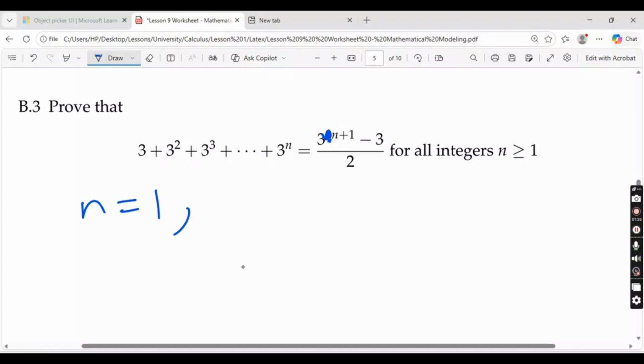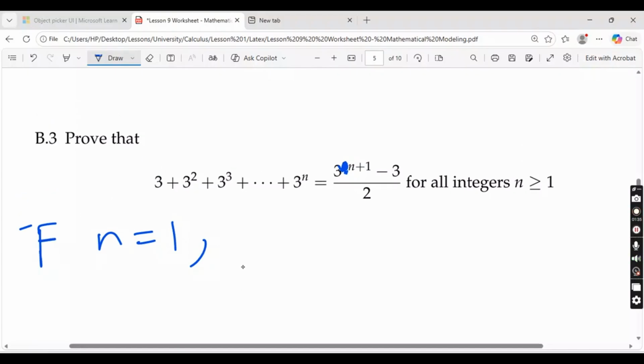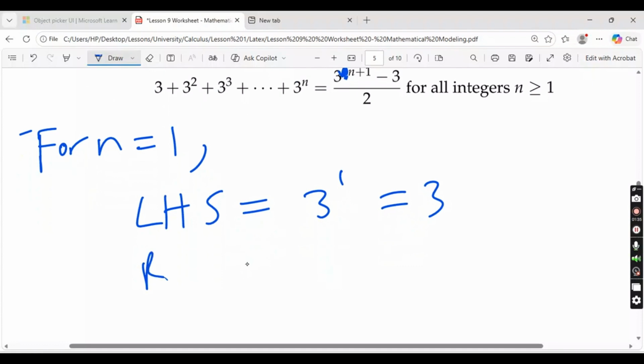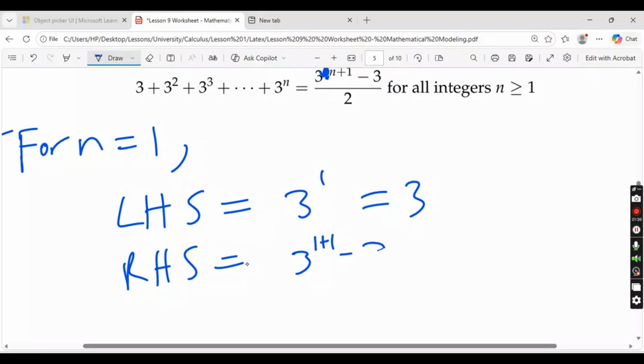The left hand side is equal to 3 to the power 1, which is 3. The right hand side is then equal to 3 to the power of 1 plus 1 minus 3 over 2, which is 3 squared minus 3 all over 2, which is 6 over 2, which is 3.